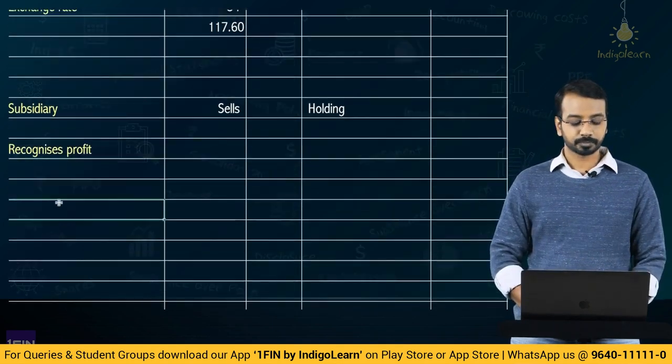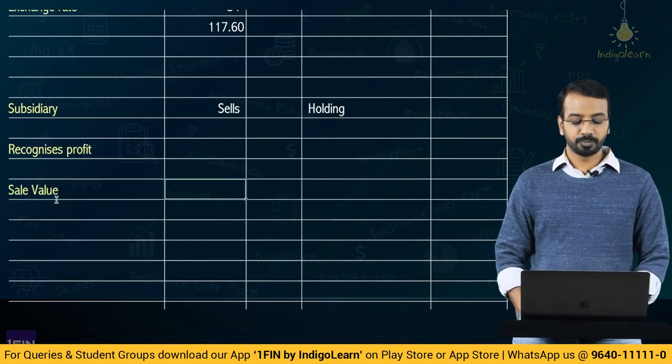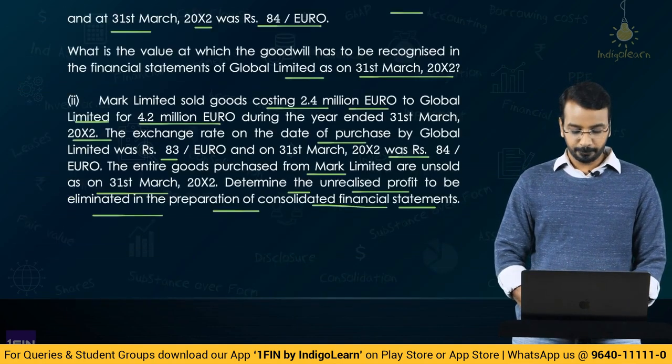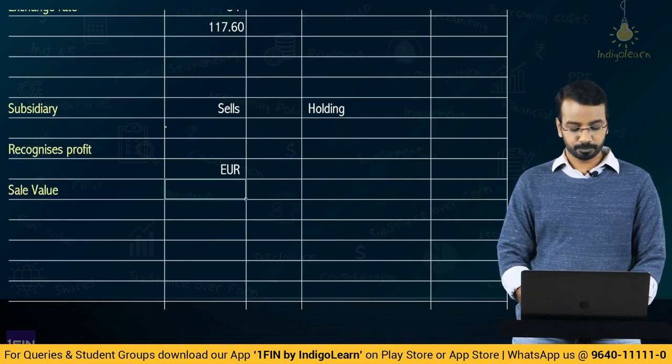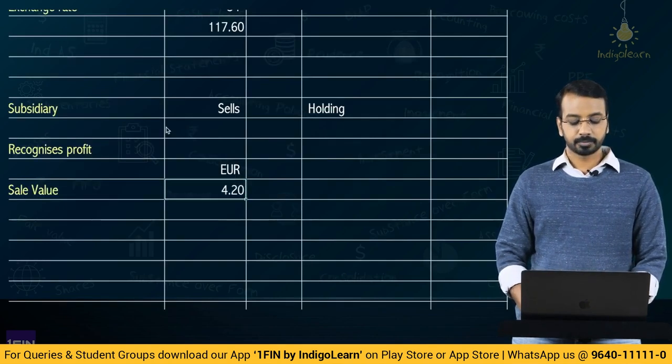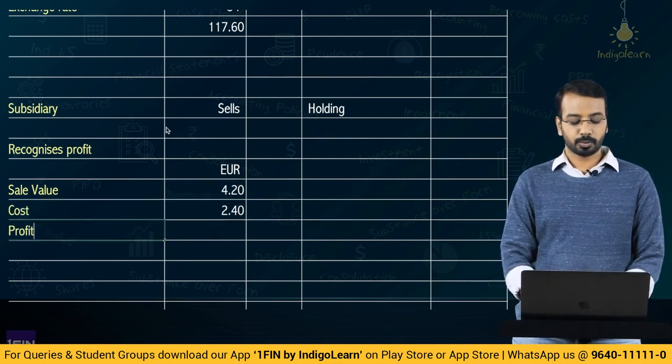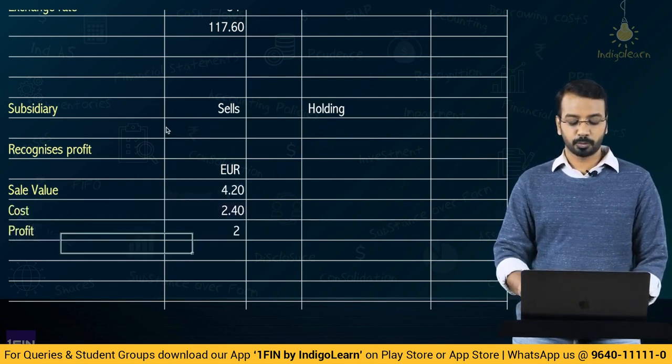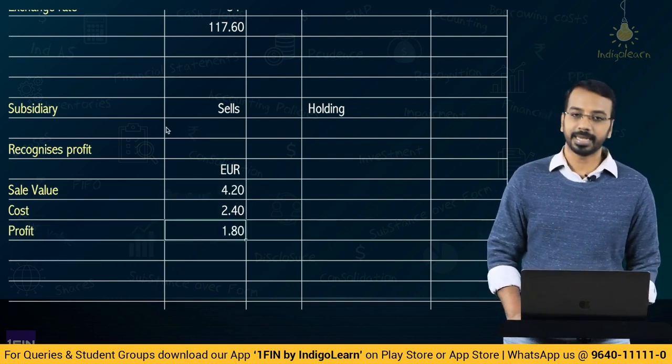Okay. So, sale value in euro is given to be how much? 4.2. Okay. And cost is given to be 2.4. So, profit is 4.2 minus 2.4, which is 1.8.